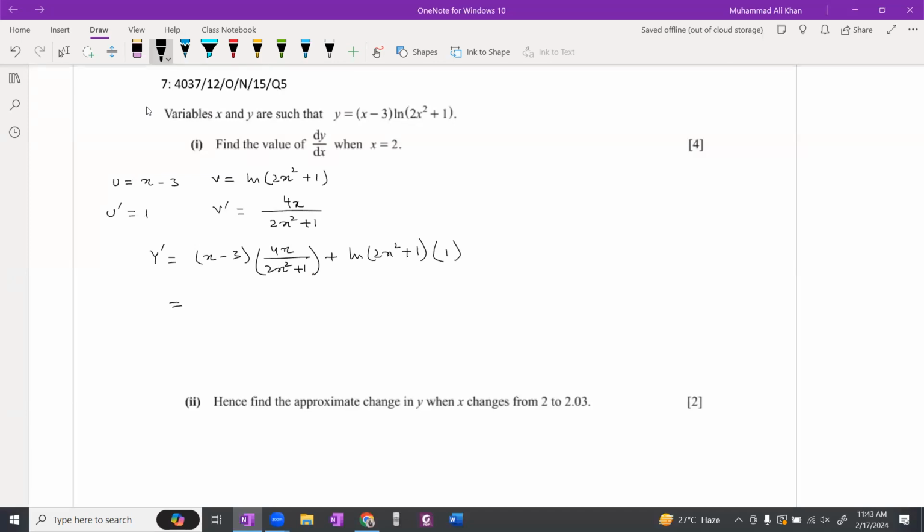So finally, it will be 4x, x minus 3 over 2x squared plus 1 plus ln of 2x squared plus 1.